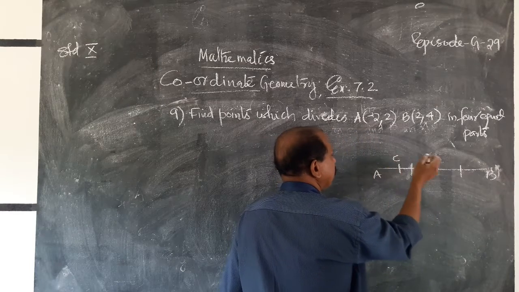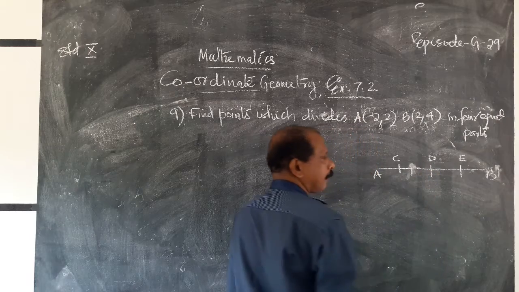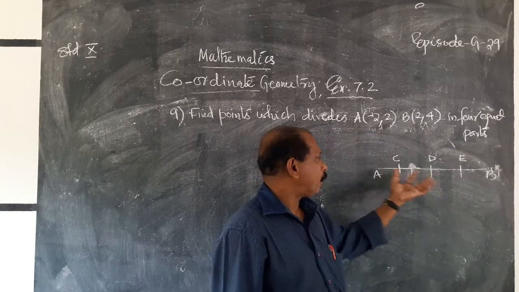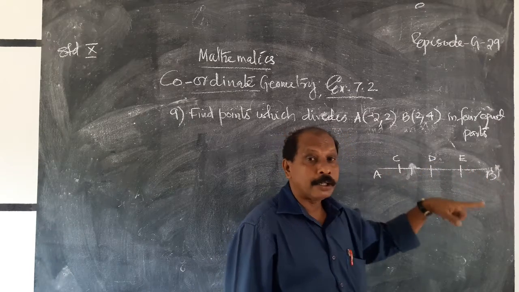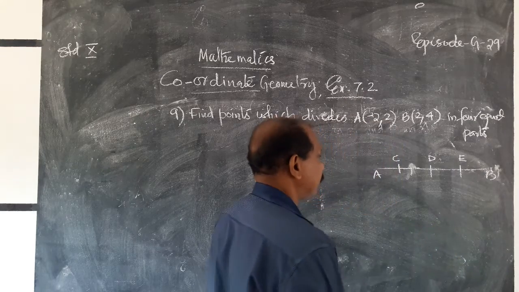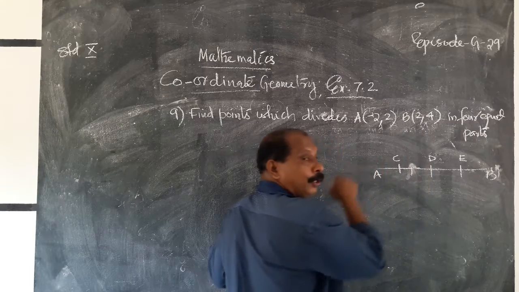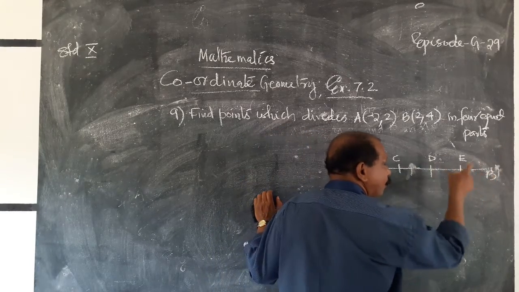These points are C, D, E. Listen, 4 equal parts means 1, 2, 3, 4. D divides AB into 2 equal parts. C divides AD into 2 equal parts. E divides DB into 2 equal parts.